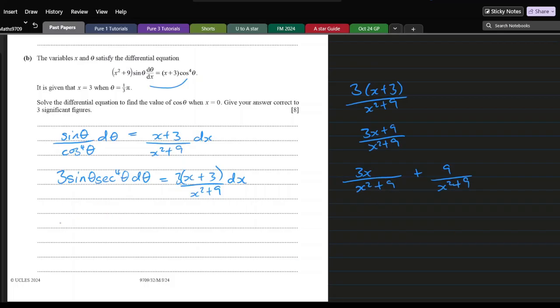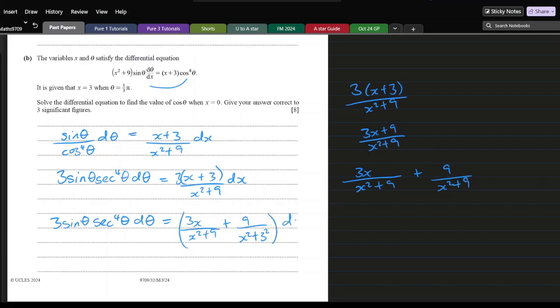We can go back to our equation here. We've got 3 sine theta sec to the 4 theta with respect to theta, and this is equal to 3x over x squared plus 9, plus 9 over x squared plus 9. In this case, I'm actually going to write it as 3 squared, which I'll explain in a bit.